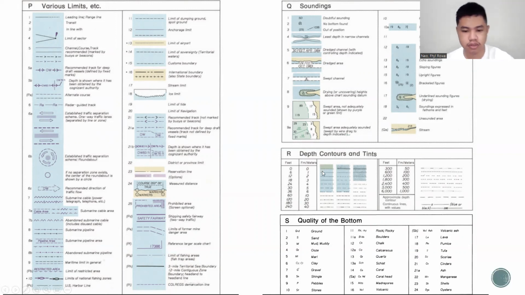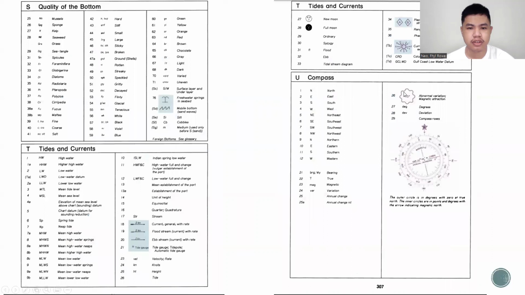Now let's go next. So tides and currents. The symbol of tide and currents on the high water is HW, or high water. Then basically the low water, LW, and low water.